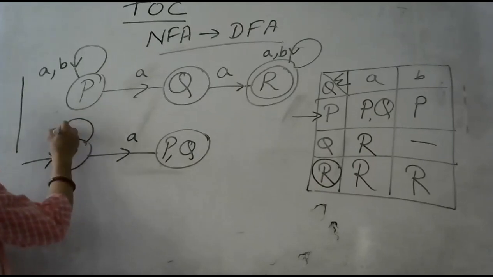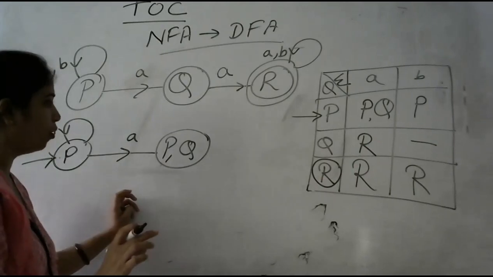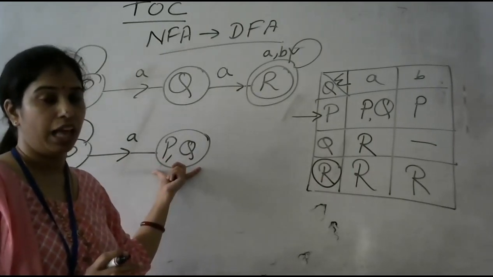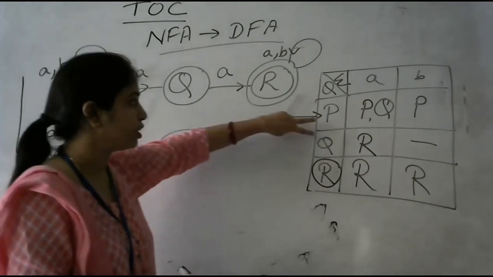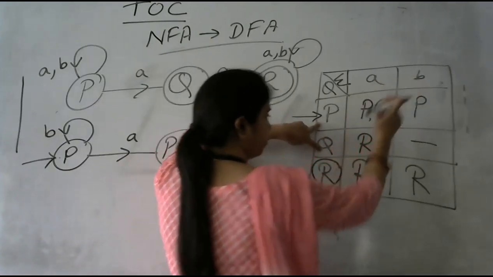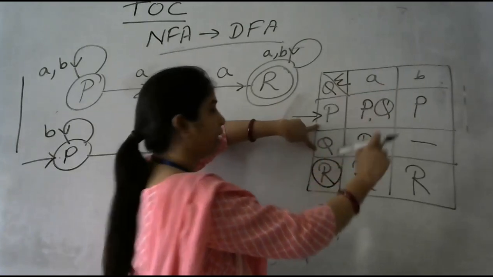So there is a self loop of B on P. That's clear? Now, we have one new state PQ. We have to take these 2 states simultaneously and read these 2 inputs. इन दोनों को साथ में लेंगे और ये दोनों input पढ़ेंगे हम A और B के.